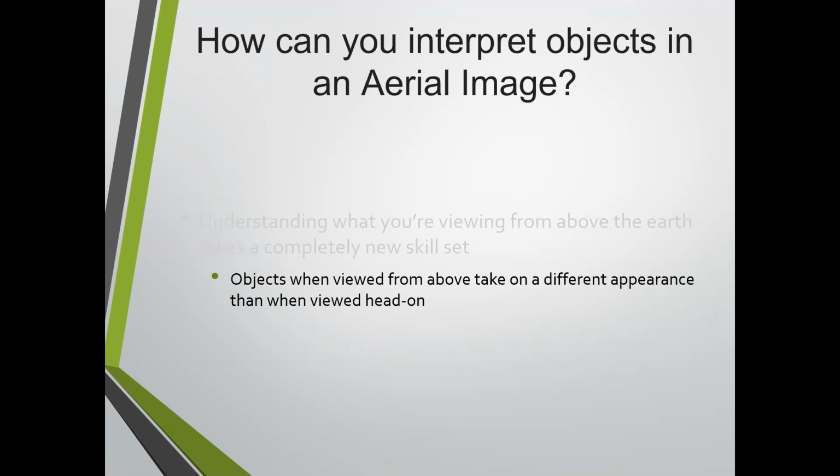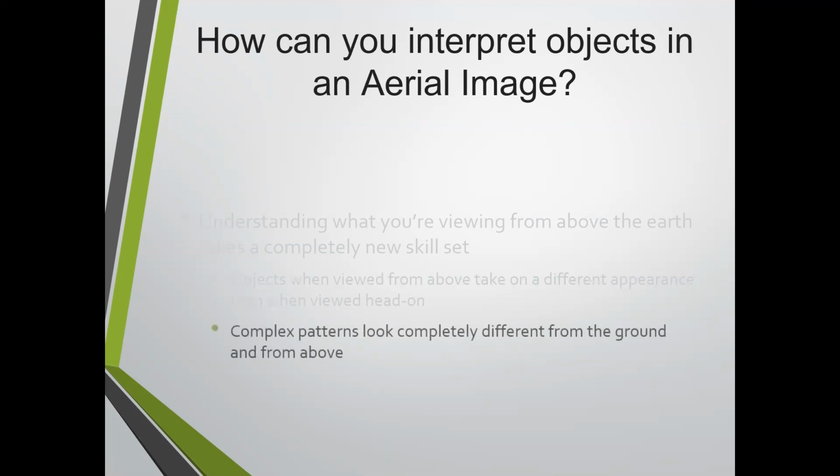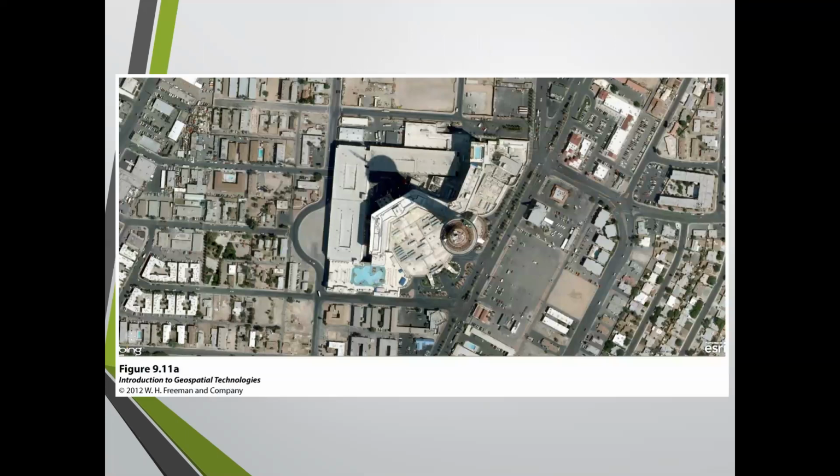That's pretty amazing to see. But complex patterns can look completely different from the ground and from above, and sometimes the complexity you don't even see. So if we're looking at this picture, for instance, a lot of you might be able to tell me what this is, but it looks like a very tall object, as you can see. And then it has that shadow, so that's kind of indicating what's going on there.